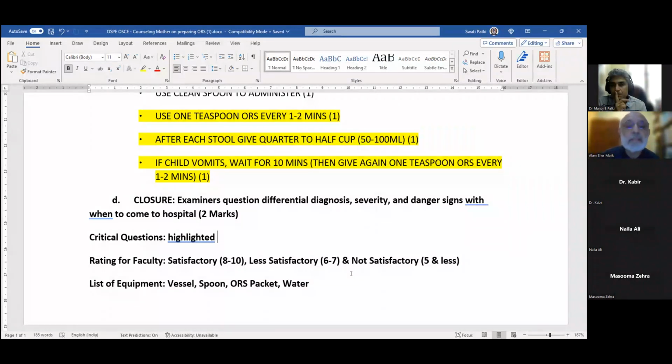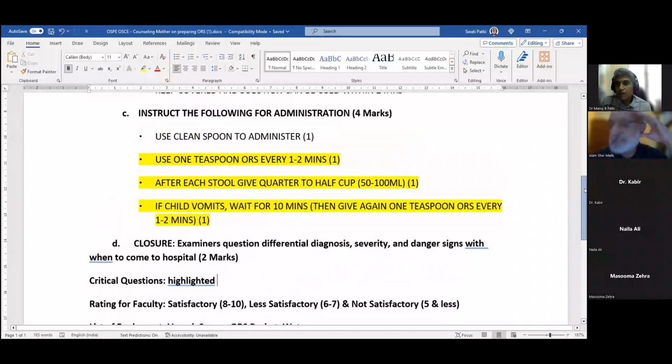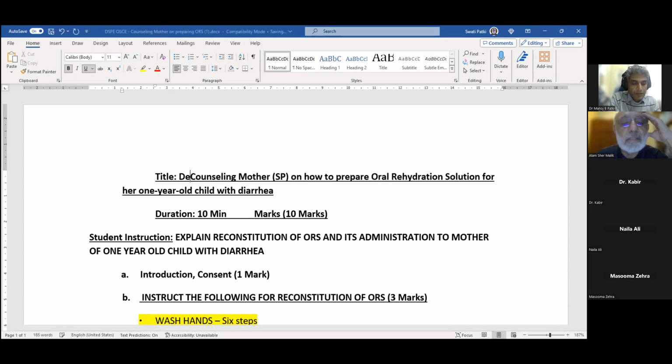So in your case, it is actually not only counseling, but also some active demonstration, basically demonstration of preparing the ORS.